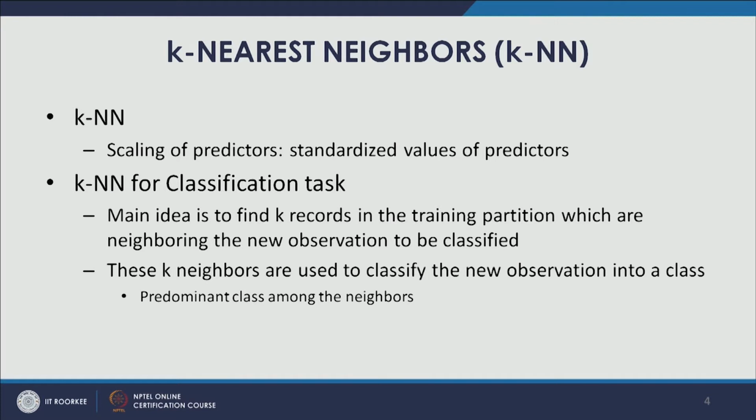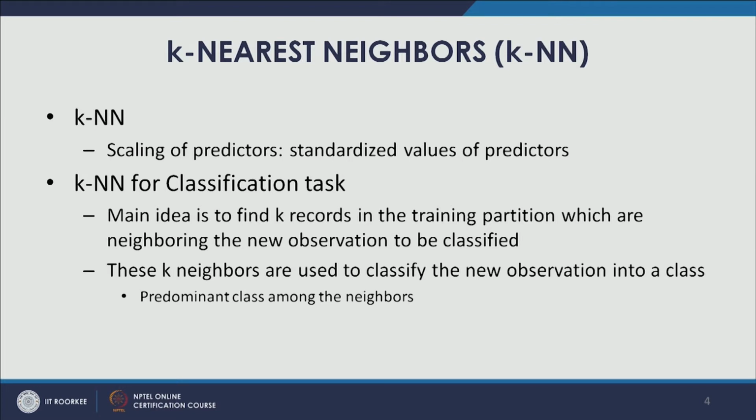The new observation could be in the validation partition or the test partition, or it could be a completely new observation. We need to find the k records from the training partition which are closer or similar to this new observation.